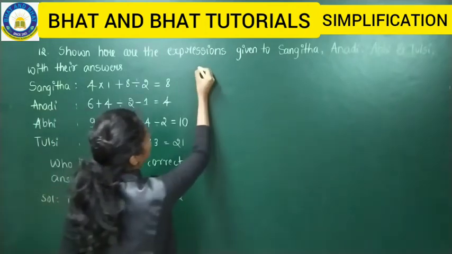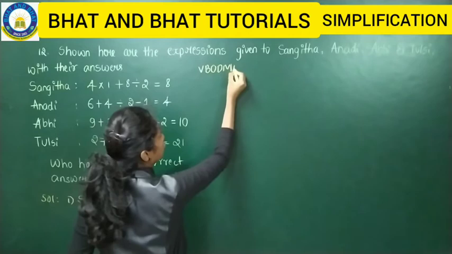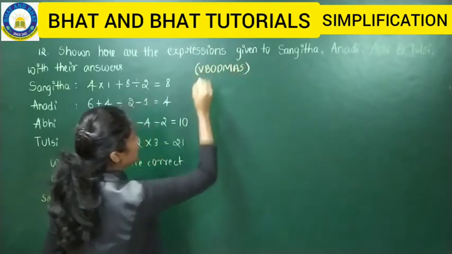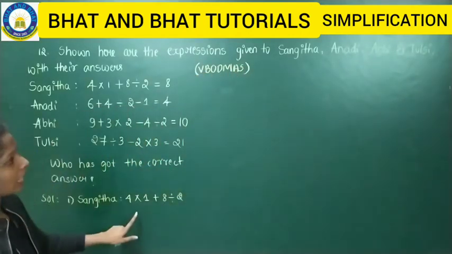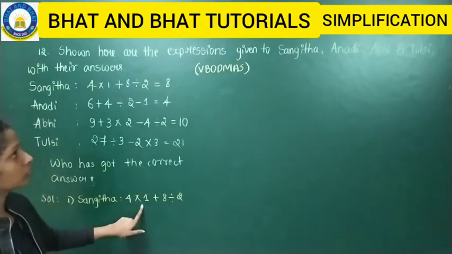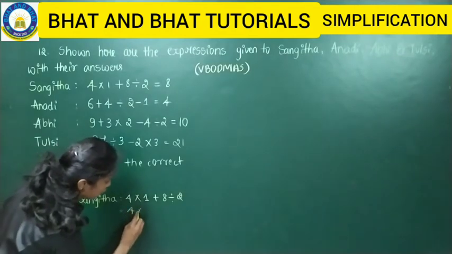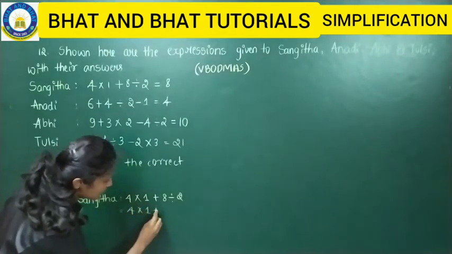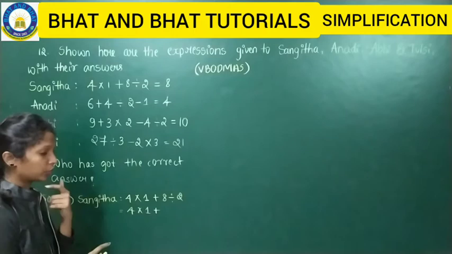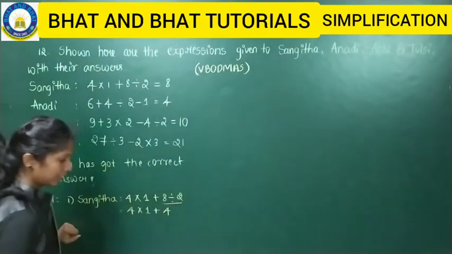According to the rule of BODMAS, here division is there, multiplication is there, and addition is there. So first we will do the division, then the multiplication and then the addition. 8 divided by 2 is 4.